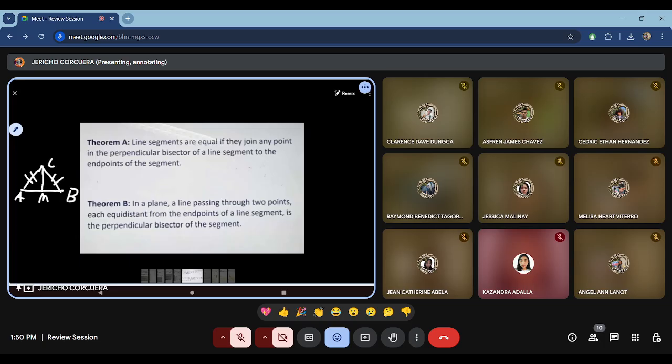Kasi they join any point in the perpendicular bisector of a line segment to the endpoints of the segment. We have endpoints A, B. So, this is theorem A na equal ang line segments AC and BC. Kasi nga they joined any point in the perpendicular bisector. Any point kahit saan. Pwede rin siya dito sa baba. Pwede rin siya sa gitna.